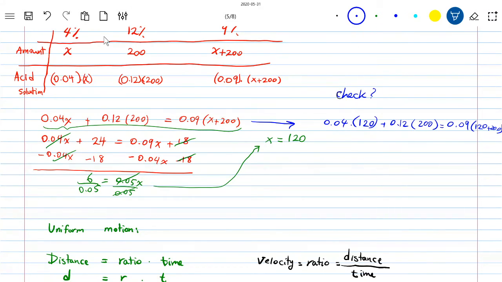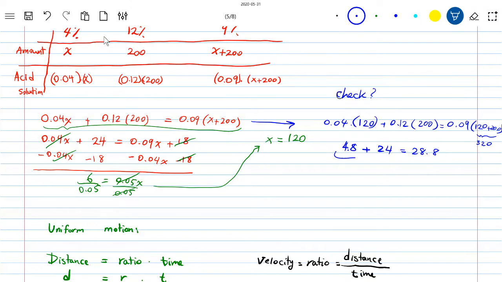Then if you simplify 120 times 0.04, well, maybe a calculator would have been a better choice. I think it's 4.8 plus 200 times 0.12 is 24. On the other side, 120 plus 200 is 320, multiplied by 0.09, 3 times 9 is 27, 28.8.